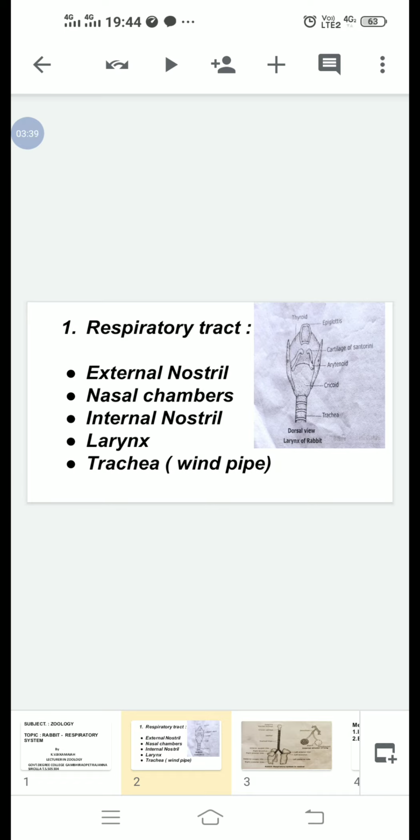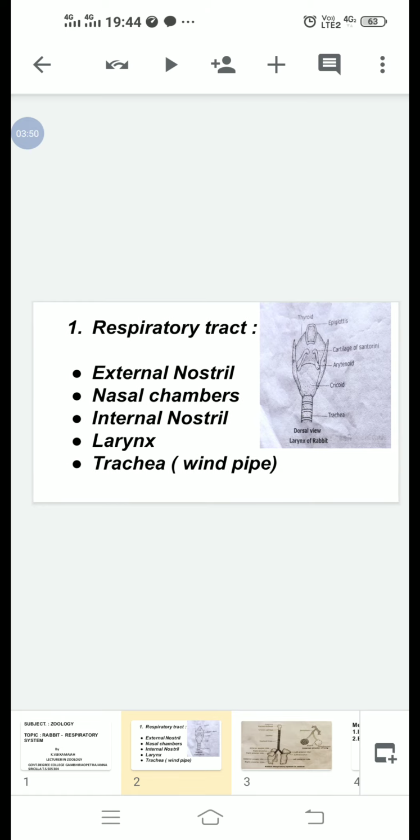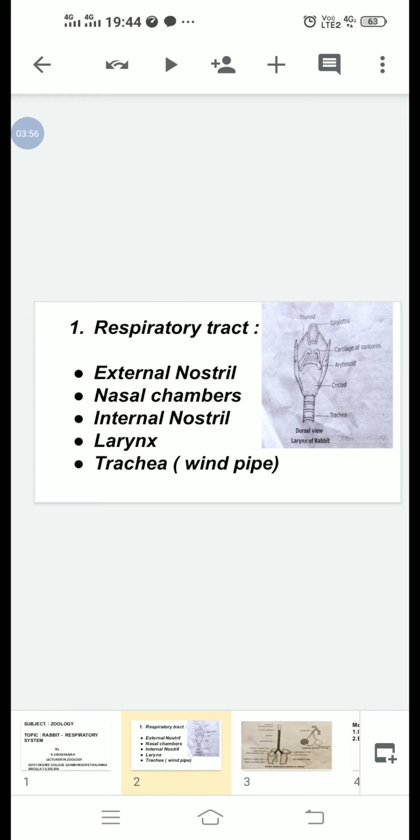The nasal chamber has three functions. One, the olfactory epithelium of the nasal chamber functions as the olfactory receptor or the organ of smell.